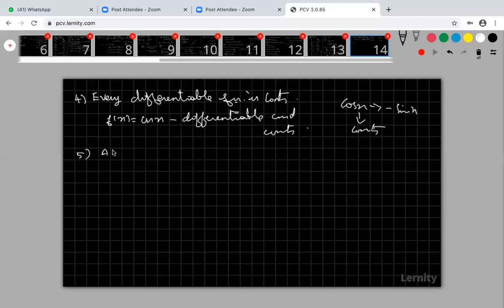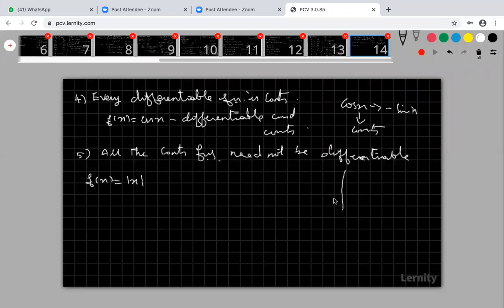So all the continuous functions need not be differentiable. Why, sir? What is the example? The example for the function is continuous but not differentiable is my modulus of x.